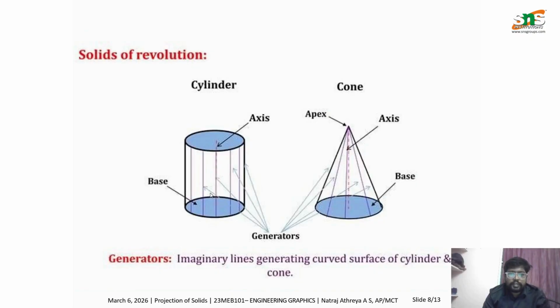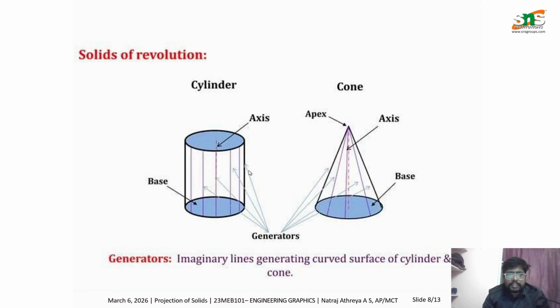In solids of revolution, we have the base and we have the top. A cylinder is nothing but a circular prism when you compare to the previous part, and a cone will be a circular pyramid. Similarly, we have an axis at the center. We don't have edges, so we need to make imaginary edges, called generators, to help us draw these diagrams.